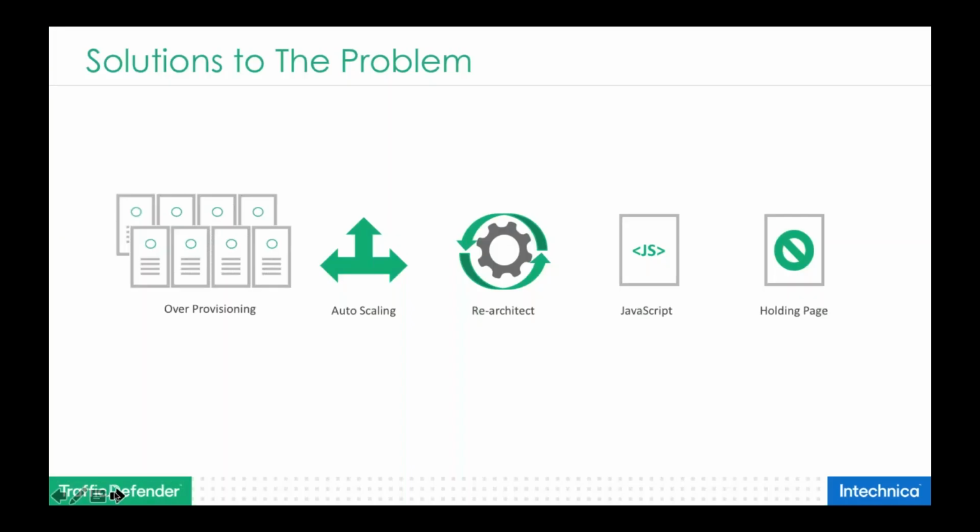So obviously we're not a solution out on the market, and what I wanted to highlight with everyone today was just some of the solutions that we've seen other customers implement in order for them to attempt to address this challenge. So first and foremost would be over provisioning.